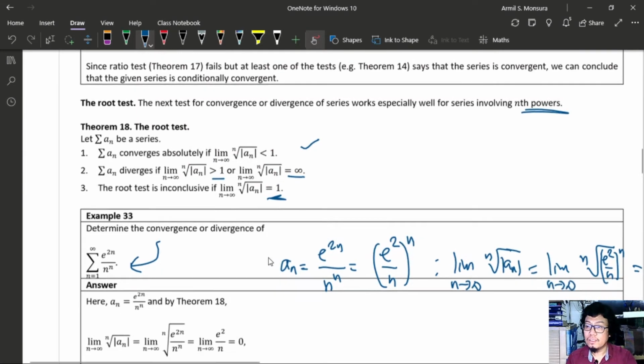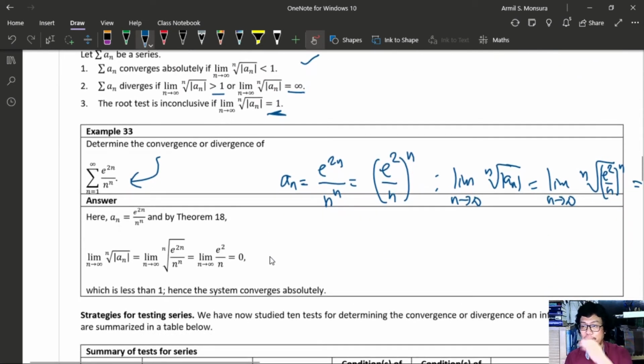So that's how we determine convergence, or how we use the root test.